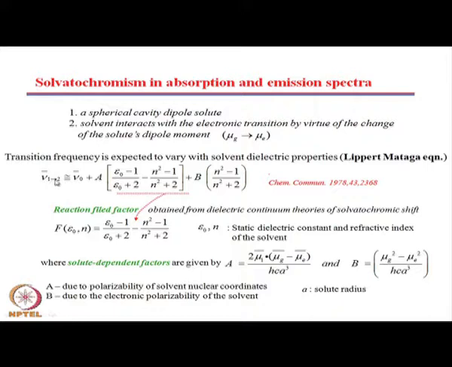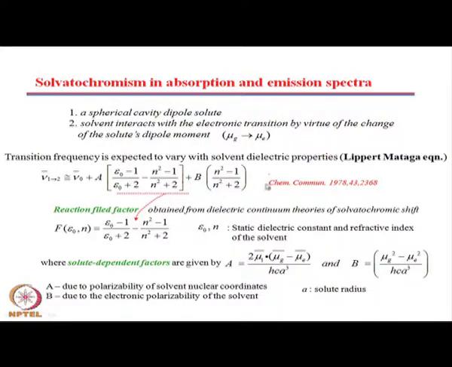Okay, this nu 1 2, and this is the nu 0, and then this A is some parameter. So this is a solute dependent parameter. A is due to the polarizability of the solvent nuclear coordinate, and B is due to the electronic polarizability of the solvent, where A and B are expressed like this. Now this reaction field factor, obtained from dielectric continuum theories of solvatochromic shift, is this, where epsilon is the static dielectric constant and n is the refractive index of the medium.